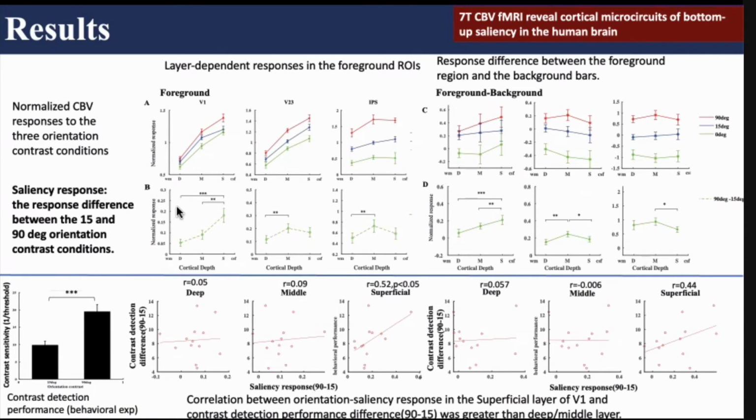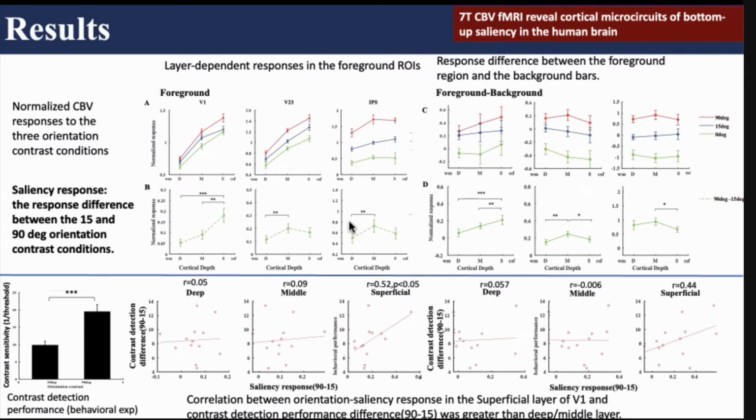And in figure B and figure D, to minimize the difference of the top-down priority signals, we calculate the saliency response as the response difference between the 15 and 90 degree orientation contrast conditions.